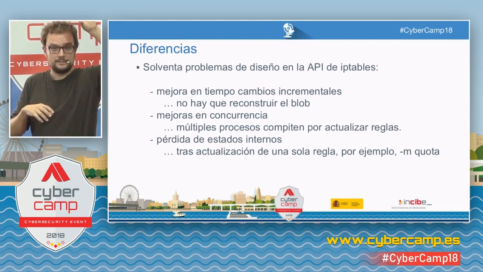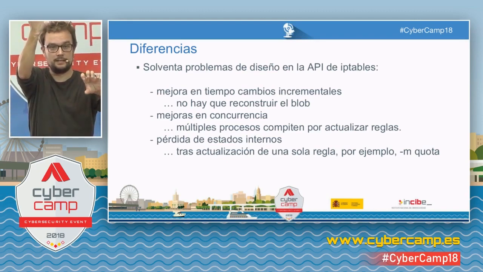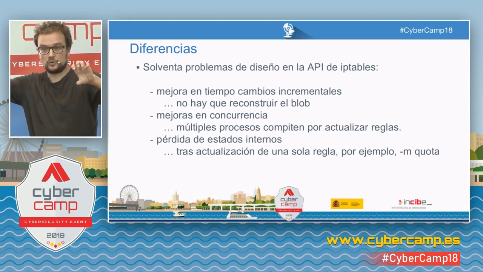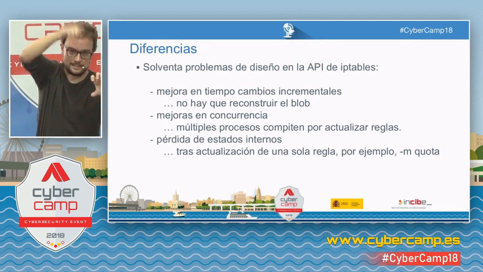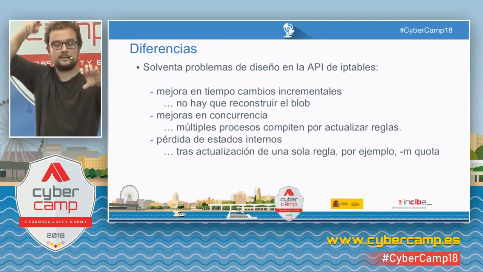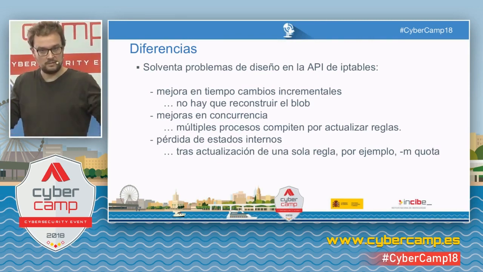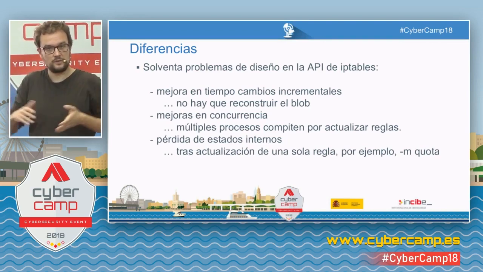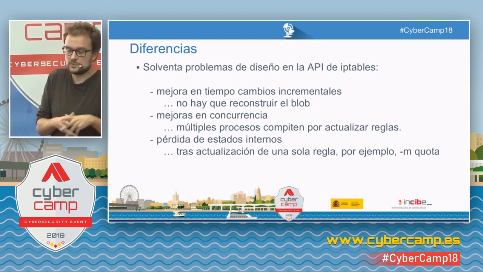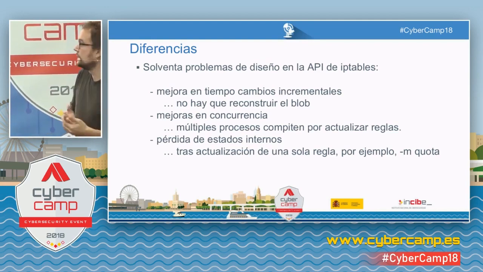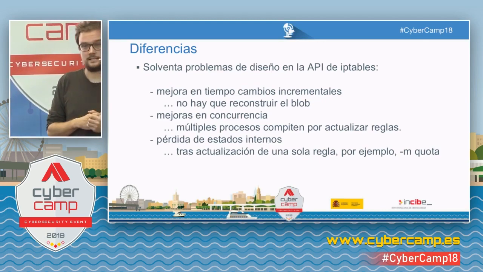So if there are different processes competing to add rules, if one of them gets the blob and adds it to the kernel again, well, if another process has been faster, that first process has to again download the blob, send it again, and then the updating of rules is not time-wise deterministic, and you can't calculate how long that will take. Well, not on nftables anymore.